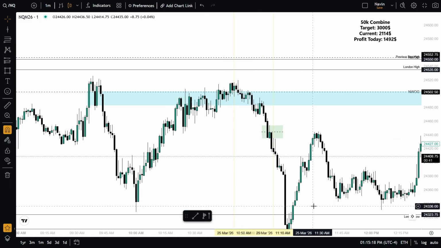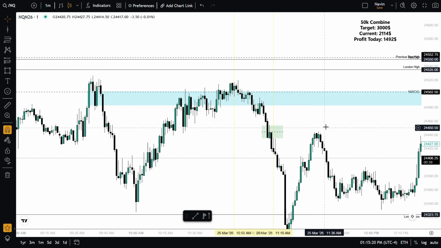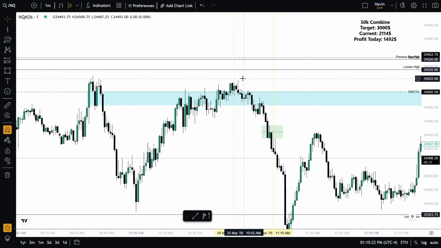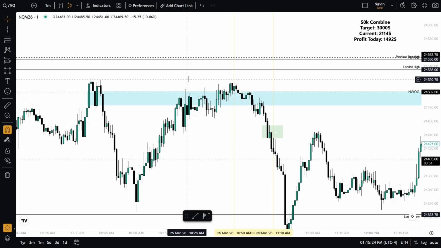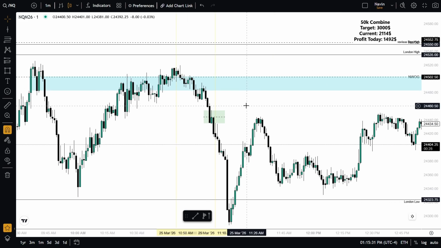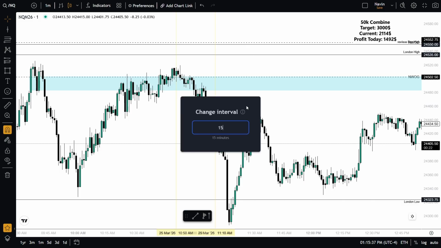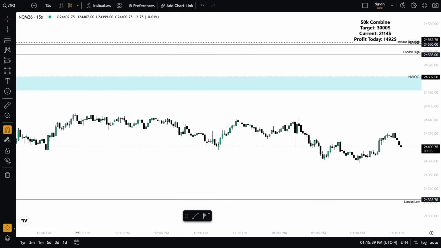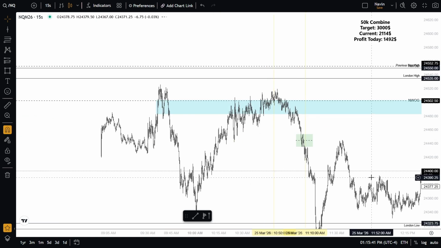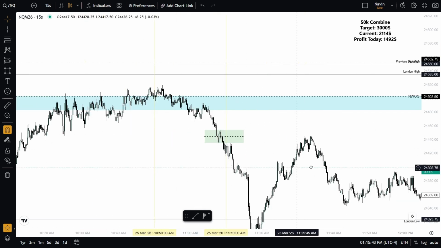Since there are some more liquidity pools, as we can see here, relatively equal highs, previous day's high, and London highs can be mitigated again, I'm just looking for a confirmation in the 15 second chart. That's why I waited and took the trade in the 15 second chart. So let's go into the 15 second chart.